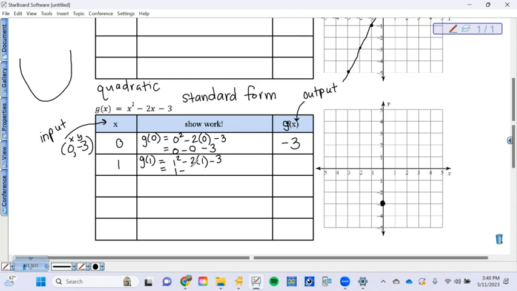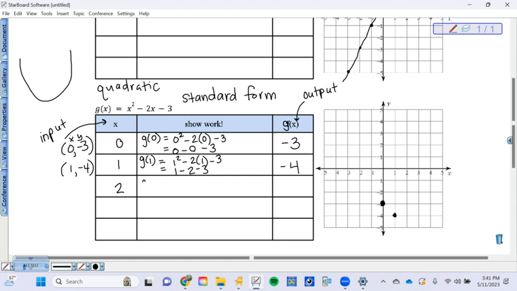What's 2 times 1? 2 minus 3. What's 1 minus 2 minus 3? Good, negative 4. Again, that is a point on my graph. When my input is 1, my output was -4. 1, -4.